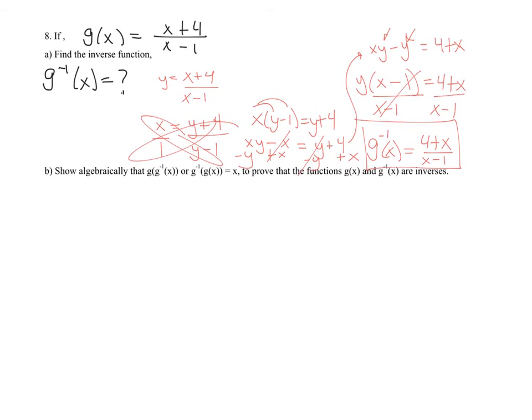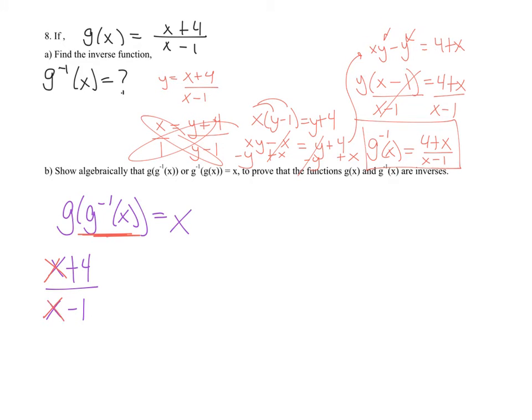Now your part 2 is saying prove that this is an inverse, that you did it right. And the way that you can do that is one of two of the composition of function rules. I'm going to pick the first one and show that this equals x. So the way that you do this is you take the original and you're going to put the inverse in for x. So wherever you see an x, you're going to put the inverse.